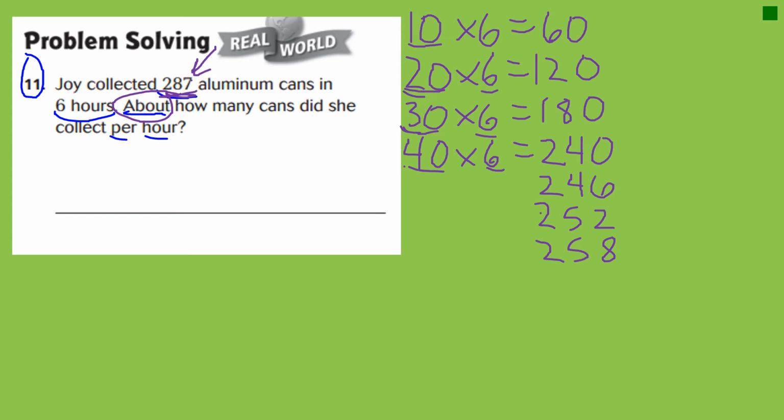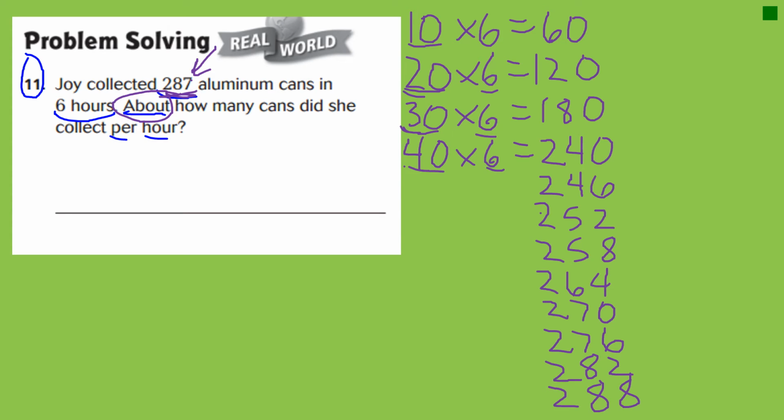Okay, do you see how I'm adding on a set of 6 each time? Another set of 6, 270, 276, 282. We're so close. 288. Yeah, that wasn't so bad, was it, just to go by 6's?